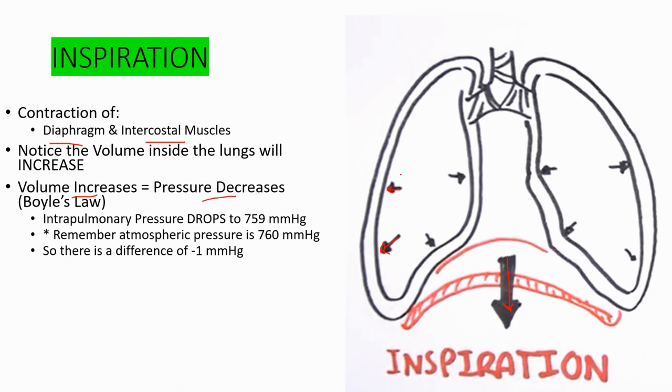So what that means is the pressure is lower inside the lungs due to this expansion, and outside the lungs we now have a higher pressure. Keep in mind, we still have 1 atmosphere. So the outside pressure hasn't changed. It's still 1 atmosphere. But because the volume of the lungs has changed, the pressure inside the lungs has dropped from 760 millimeters of mercury to 759 millimeters of mercury.